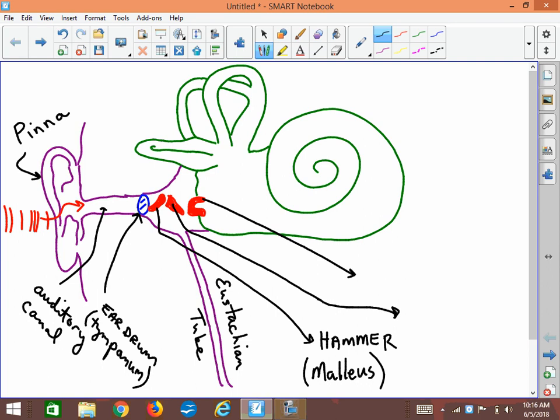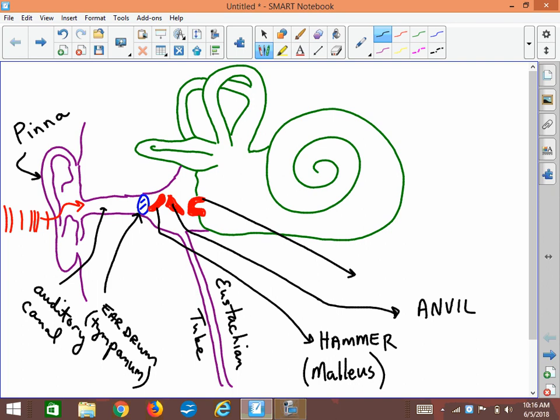Okay, the second guy is called the anvil. An anvil is that black thing that blacksmiths bang on when they're making their horseshoes. And because this hammer is basically touching the anvil, and as we'll see, bangs on it, that's how it gets its name. So we have the hammer, and then we have the malleus.